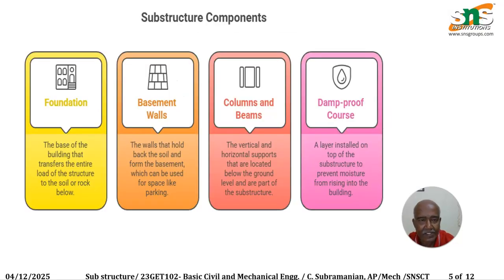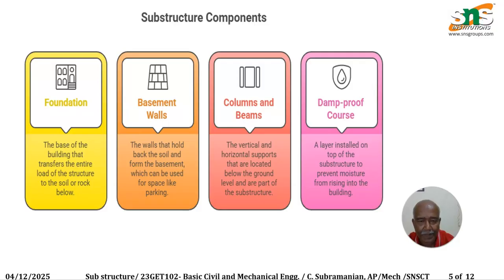And next is the substructure components. So far we covered the foundation functions. Now see the substructure components. The substructure components are the foundations, basement walls, columns and beams, and damp-proof courses. Foundation is the base of the building itself, and basement walls are the walls that hold back the soil and form the basement itself.